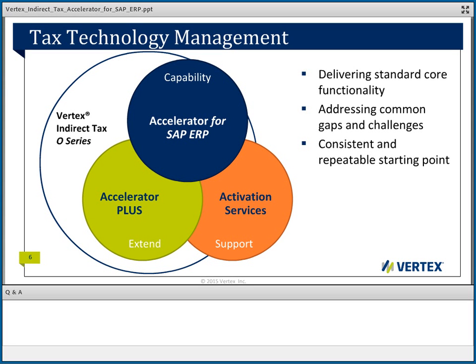And lastly, the third component of the management solution here is the activation services. Looking there at a consistent and repeatable starting point delivered through Vertex. Hopefully, as we stated up front in one of the first slides, the resulting value of this for the customers is going to be greater automation, integration, control, and visibility and efficiency in your tax integration.